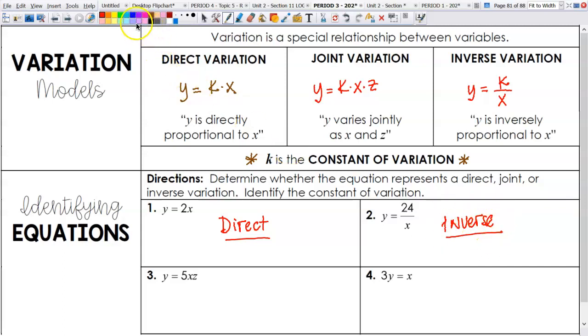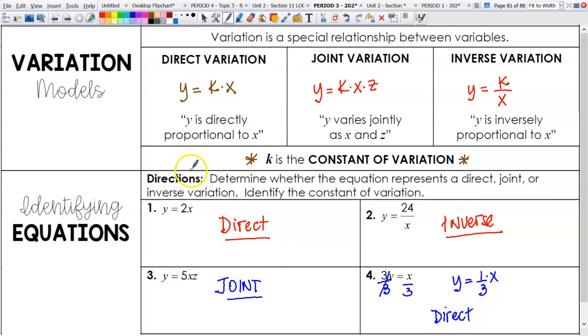The number 3, right away you see the three variables. It will be a joint variation. Okay, this one we have to solve for y. So we divide by 3. That means y equals 1/3 x. And what is this one? We have a constant of variation times the x. Of course, it is the direct variation.